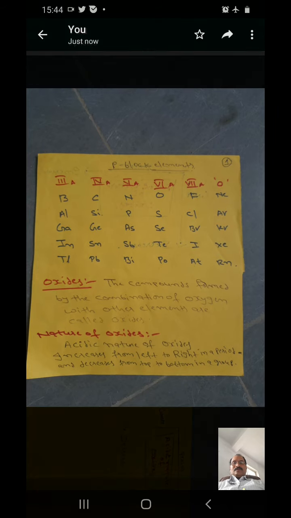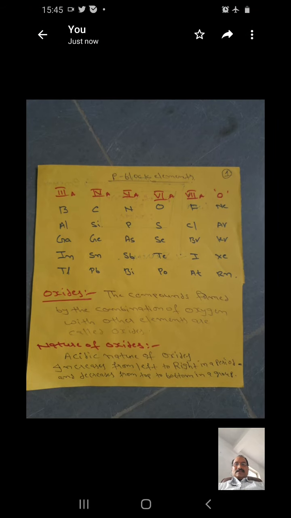See here, nature of oxides. The oxide obtained is either acidic, basic or neutral in nature. Here, acidic nature of oxides. What are acidic oxides? Whenever oxides are dissolved in water, acids are formed.